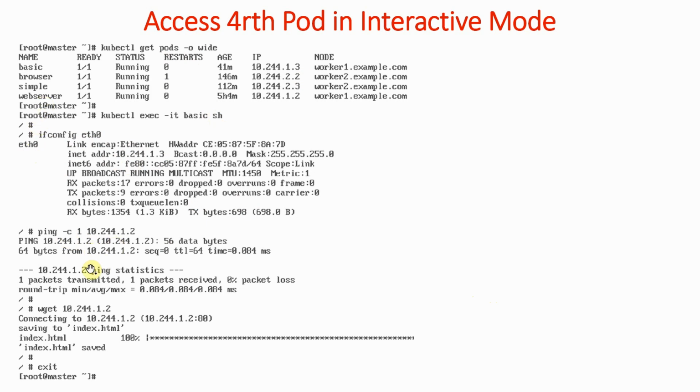It is working. And then wget, because by default in this BusyBox the wget command is already there, and elinks and curl are not there, so that is why we are using the wget command to check the connectivity with the web pod. So when we are specifying the web address, again it is working.